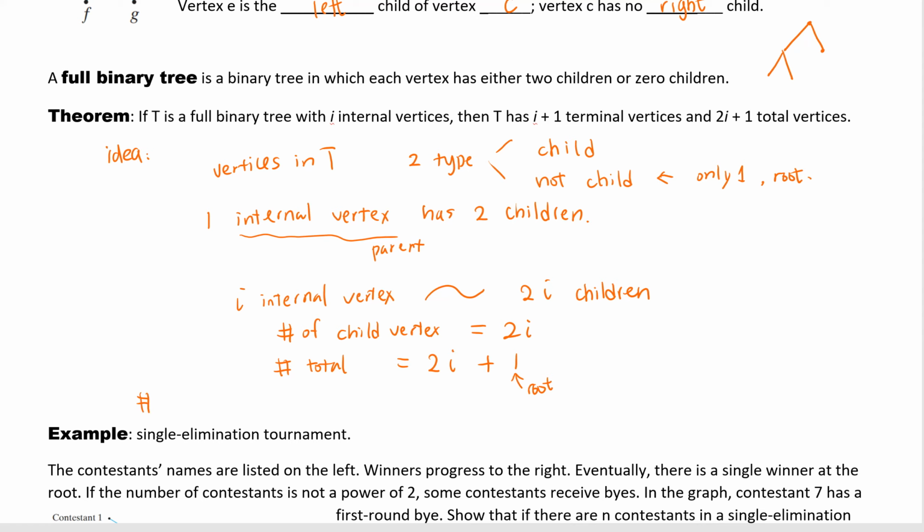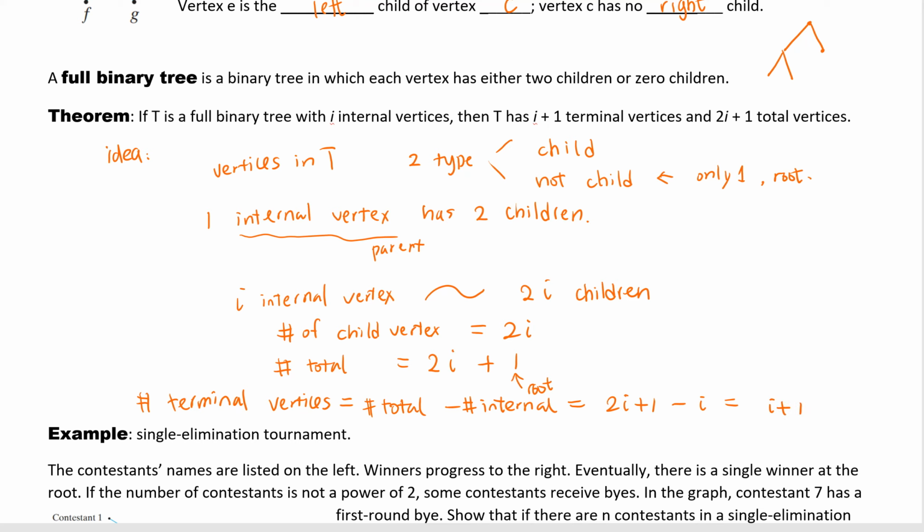And then the number of terminal vertices equals the total minus the number of internal. The total is 2I plus 1 minus the number of internal, which is I. So we get I plus 1.